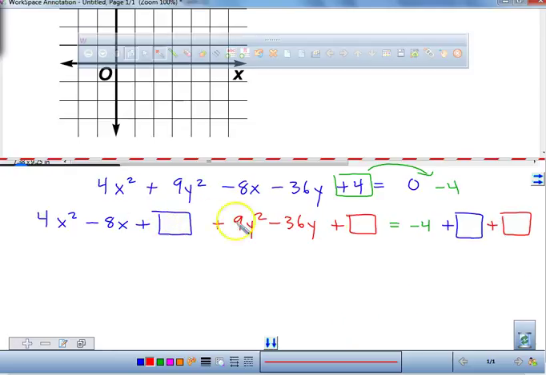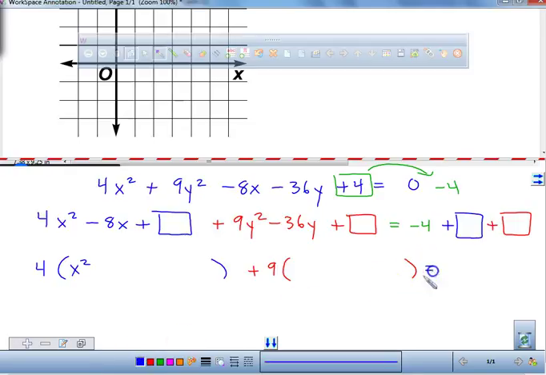Now, in order to fill those in, we have to complete the square. But in order to complete the square, we can't have a 4x squared. We have to have a 1x squared. So my suggestion is we're going to take this whole thing and factor out a 4. And on this one, we're going to factor out a 9 out of that expression.